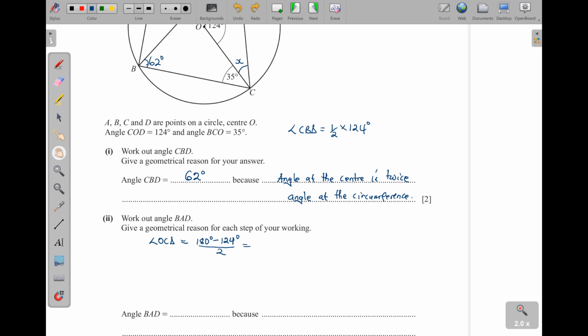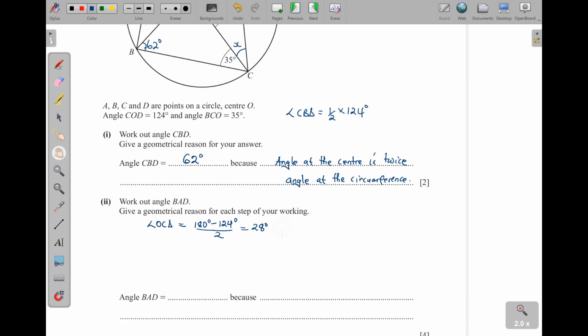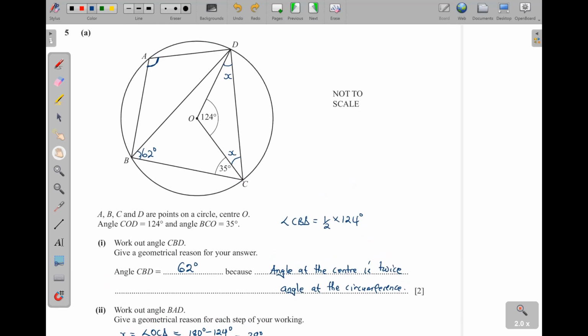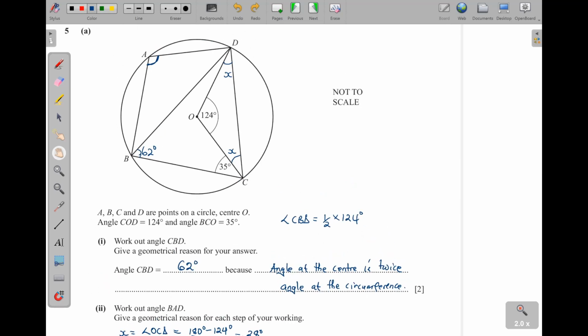When we subtract this one, it will give us 56. So 56 divided by 2 gives us 28. So I'll begin my geometrical reasons by saying there is an isosceles triangle. That's why I have been in a position to get that angle OCD, which I've called X, to be 28.